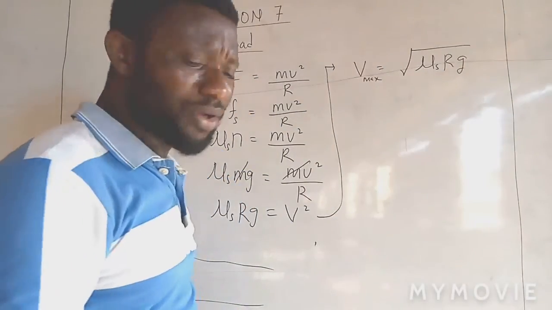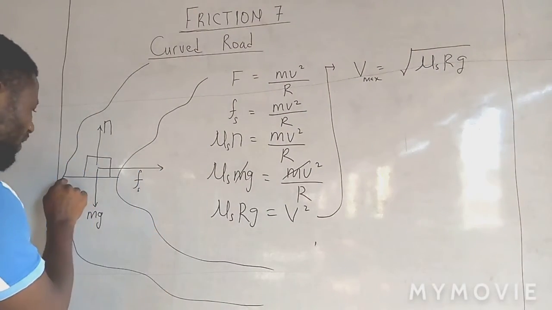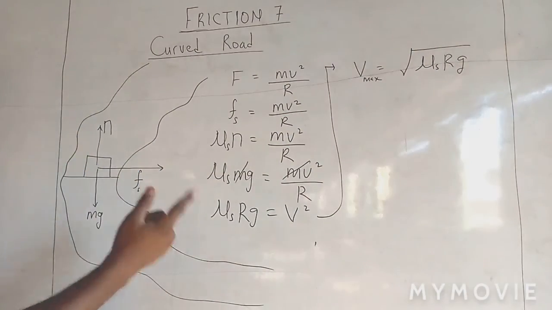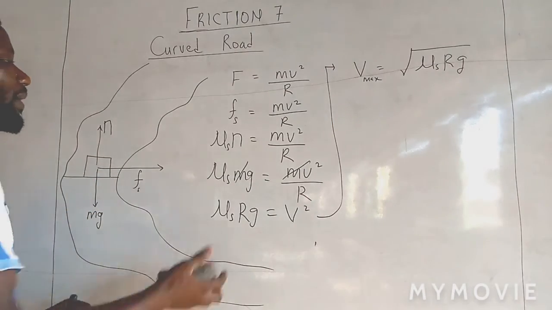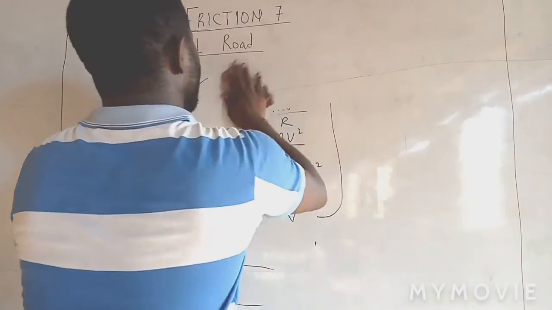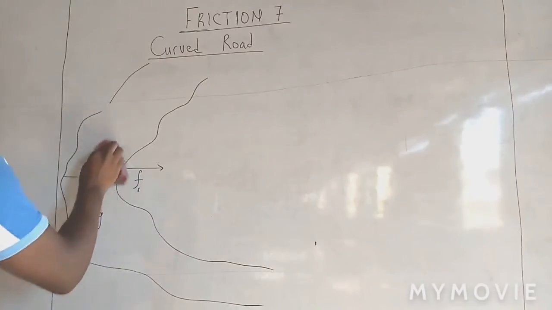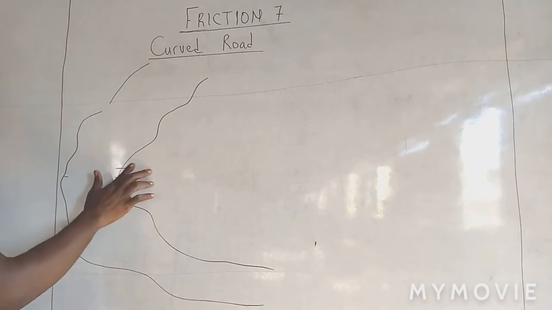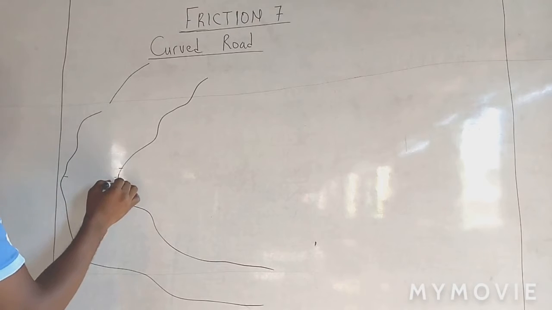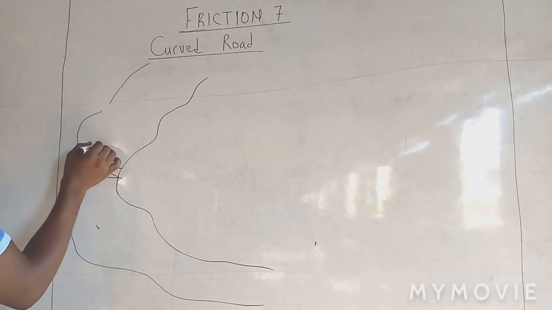Alright, now let's look at another one, because we have two types here. Here we have a flat road. In the other one I want to discuss a banked road. So let's look at another one. So this is a banked road.